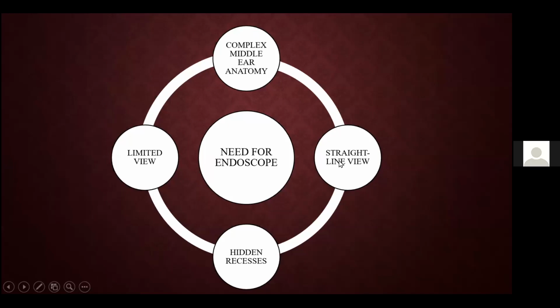Also, the view offered by the microscope is a straight line view. Thus, we don't get to look around the corners, and that is a challenge for microscopic ear surgery.